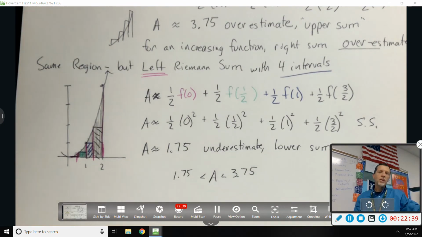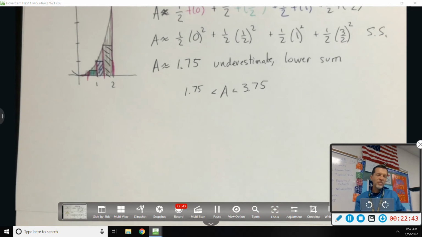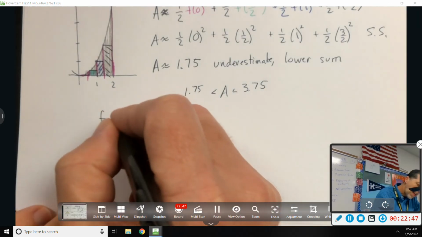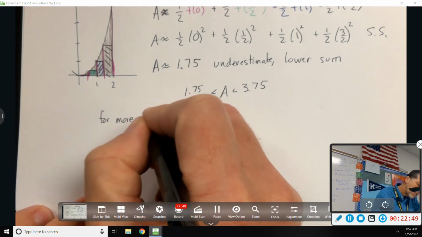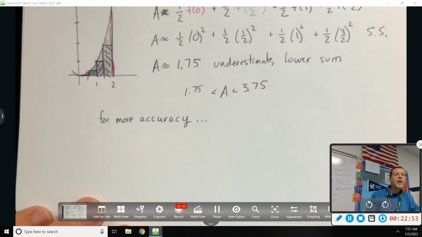And who knows, depending on the situation, that might be good enough, or you might feel like that's not very accurate. So, if we weren't satisfied with that, what are some things we could do to get a more accurate estimate?